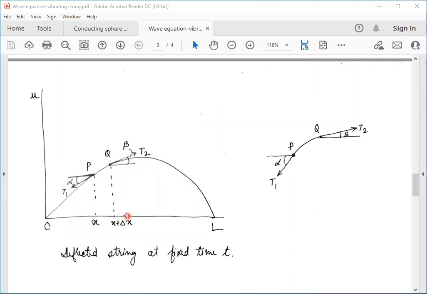Under these assumptions, we may expect solutions that describe the physical reality sufficiently well.